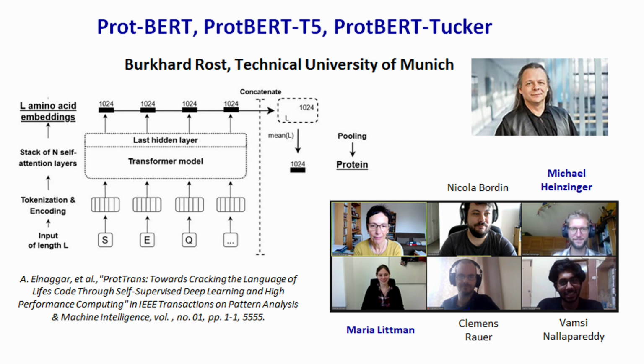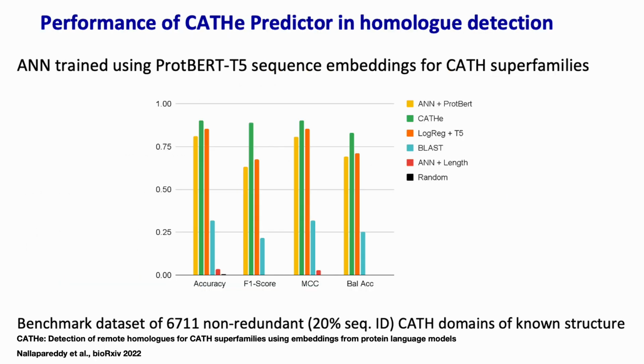This outperforms HMMs for most of these tasks, and especially for the largest superfamilies, we're able to get predictions correct almost 90% of the time. And when compared to other state-of-the-art methods, such as other predictors or BLAST or even hidden Markov models, we're almost always able to outperform these methods.